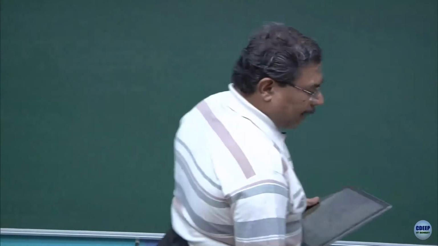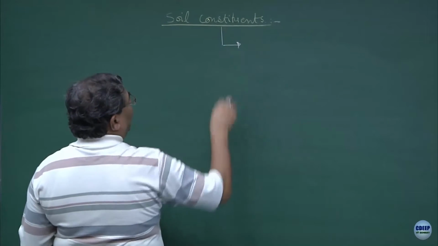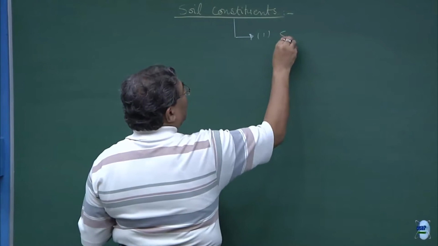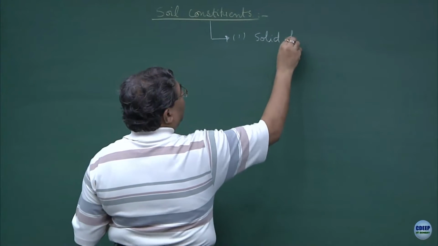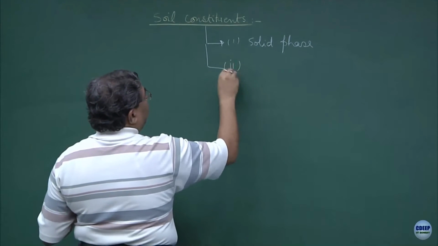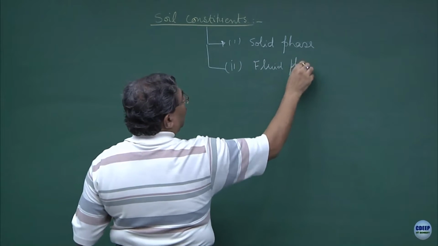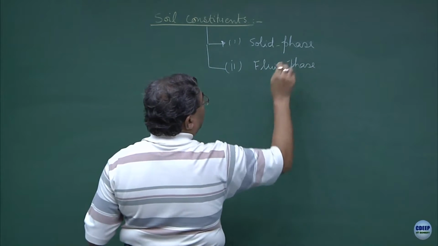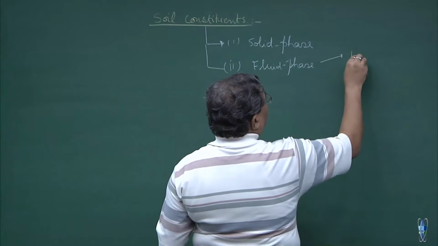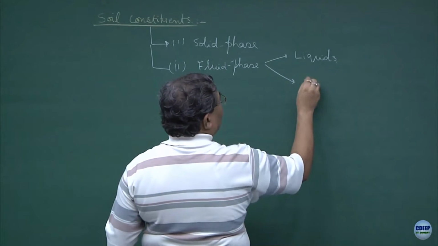There are basically three types of constituents. The first one is the solid phase, the second general category is the fluid phase, and within the fluid phase we have liquids and gases.